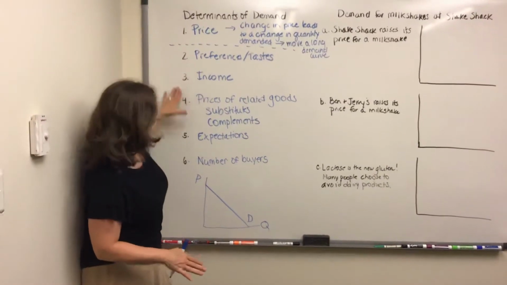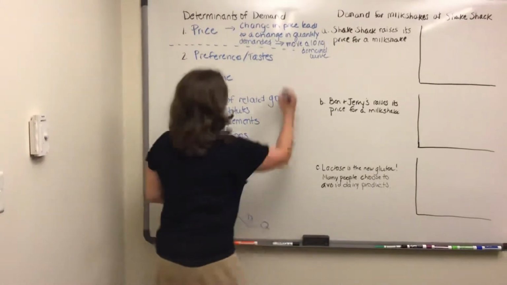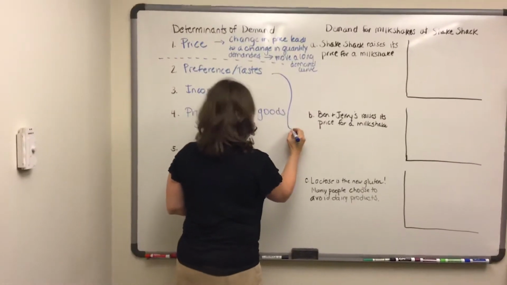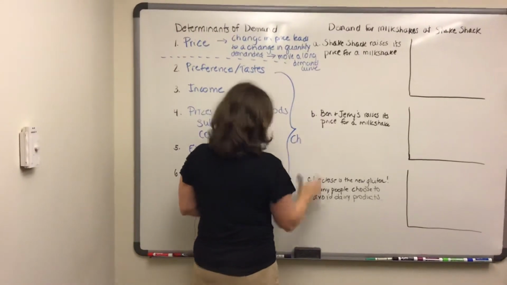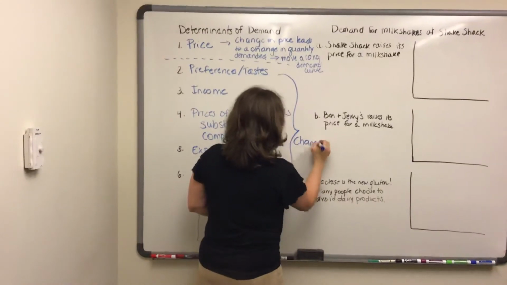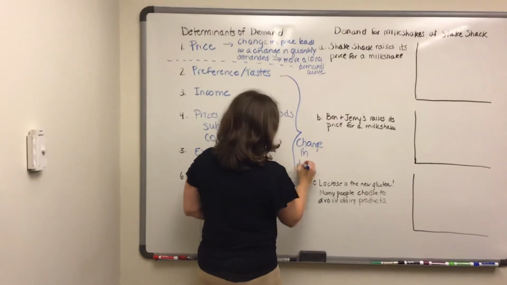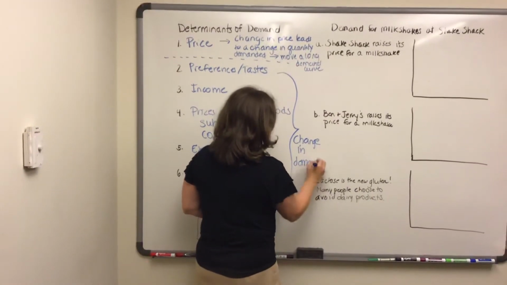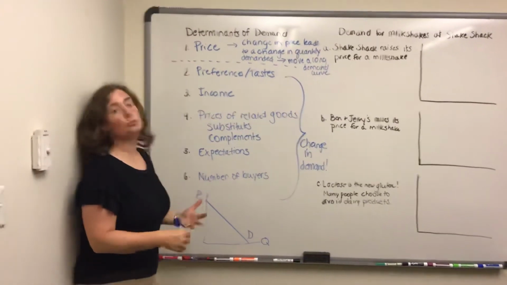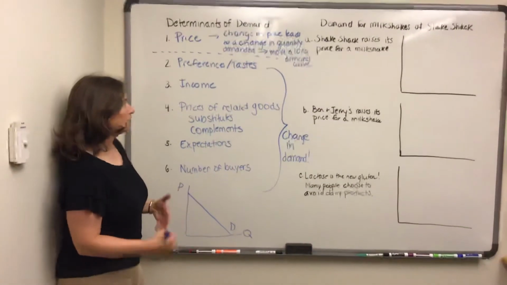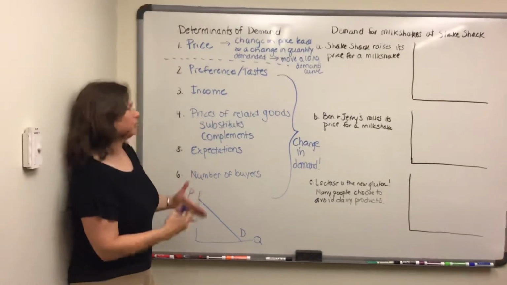For any of these other determinants, and we'll try and draw a little bracket here, a change in any one of these would lead to what we call a change in demand. The entire demand curve will shift.